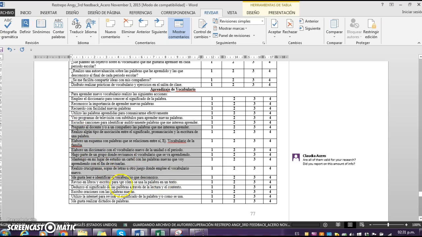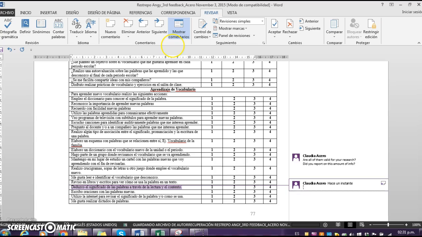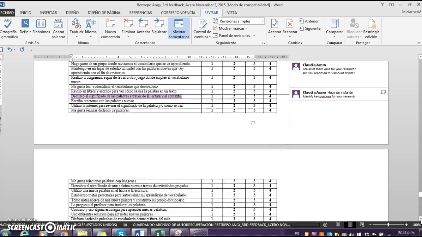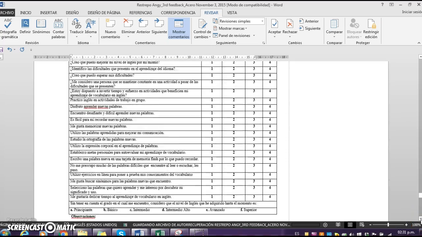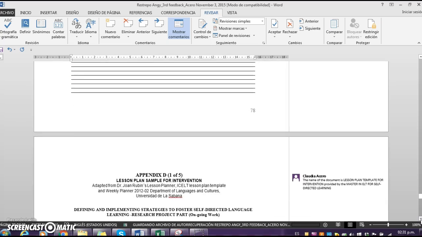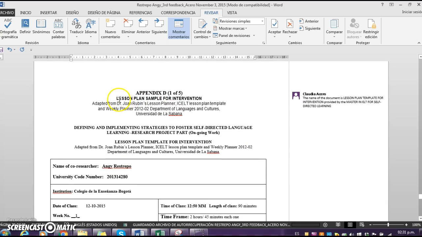So identify key questions for your research, because otherwise what you are doing is just using one that you liked, but is not useful. Okay, the other one, we have a problem with names, so you will know how to improve it.